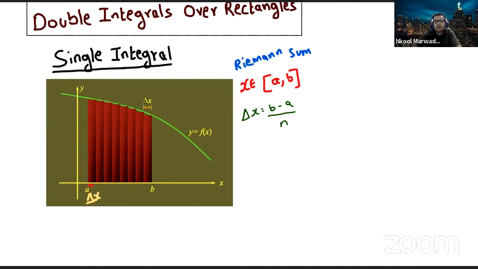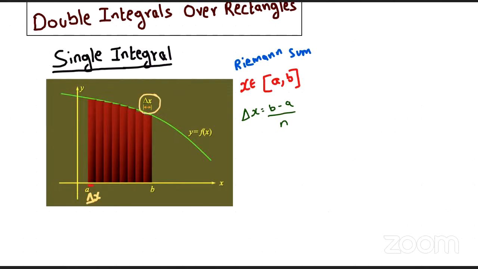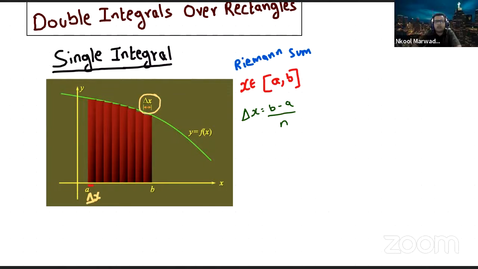Now what we have to do? We have to find the area of this single rectangle. That we can call the small area, dA. dA means small area.